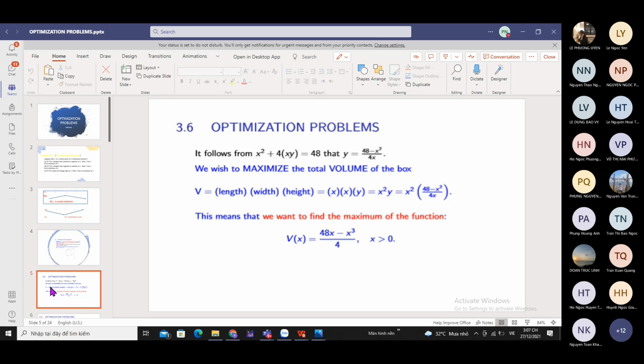If you learn linear algebra or analysis 2, you know how to find the maximum value of a function of two or more variables. Here we reduce this problem into finding the maximum value of a function of one variable only. So V of x here is given by (48x minus x cubed) over 4. Here x is a positive number.